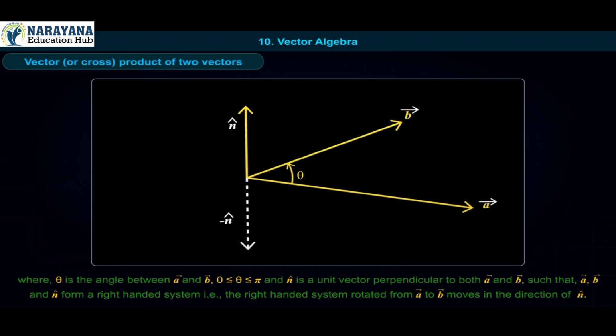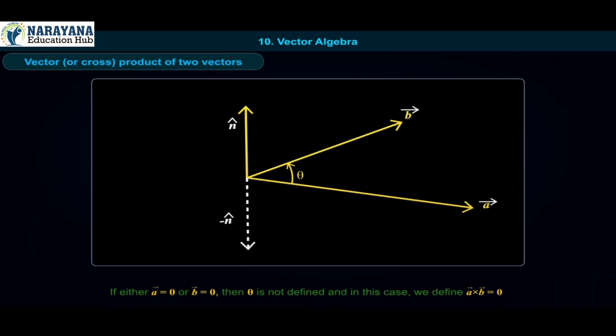That is, the right-handed system rotated from vector A to vector B moves in the direction of n cap. If either vector A is equal to 0 or vector B is equal to 0, then theta is not defined, and in this case, we define vector A cross vector B is equal to 0.